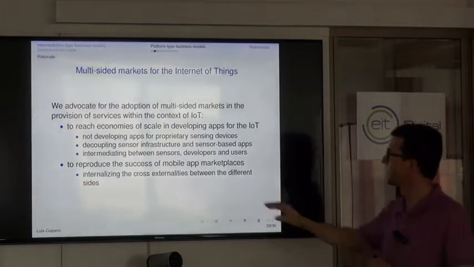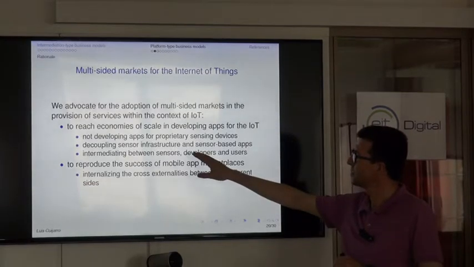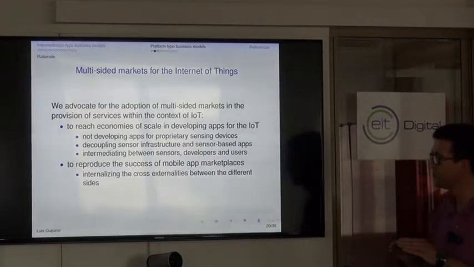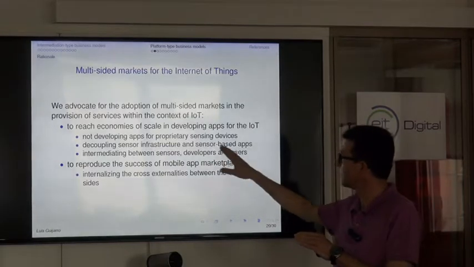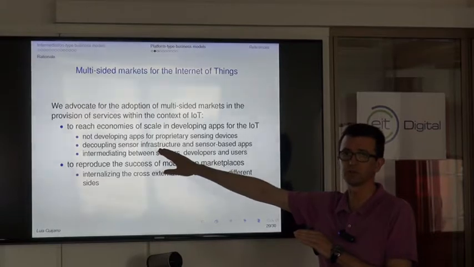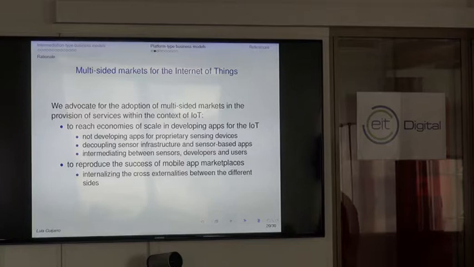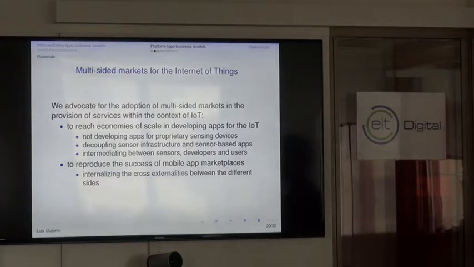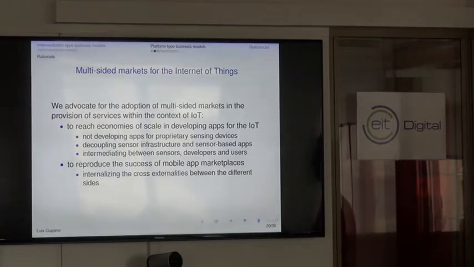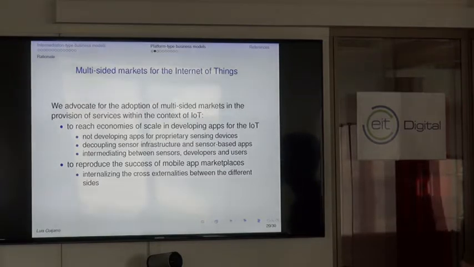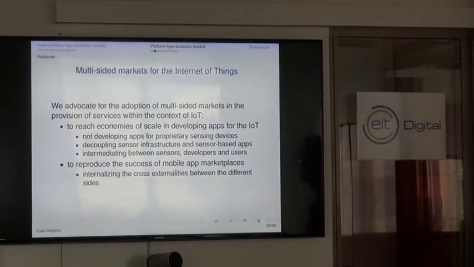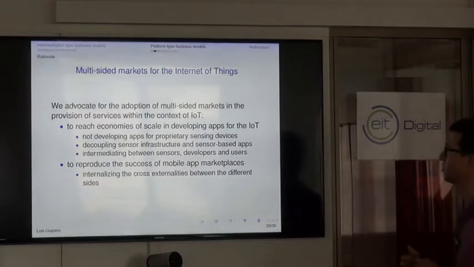The problem now is that main IoT-based apps are still integrating the apps and the sensor infrastructure. So a firm that builds AC-related sensors develops the app that processes this data and provides a useful service to the user.